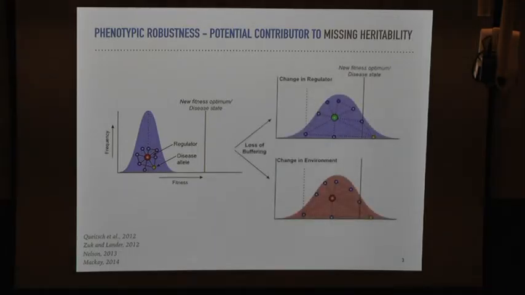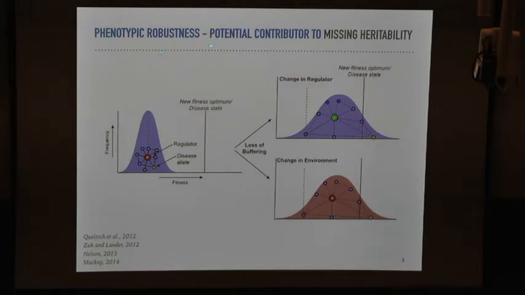If there is a change in the environment, say for example the metabolic environment for a particular human population, or mutations in the regulator, which cause the phenotypic buffering of this disease allele to be lost, the phenotypic effect of this disease allele would now be visible in the population as a disease phenotype.